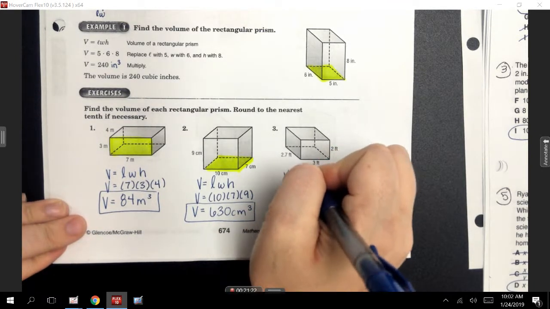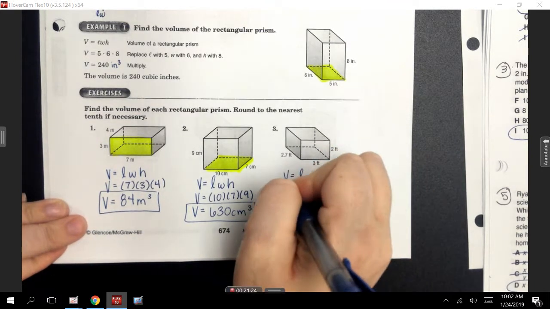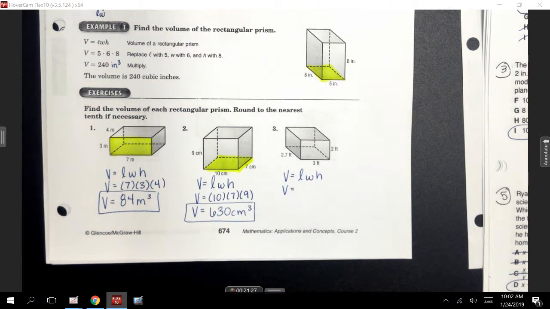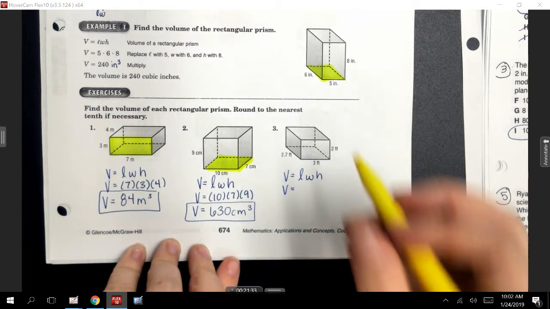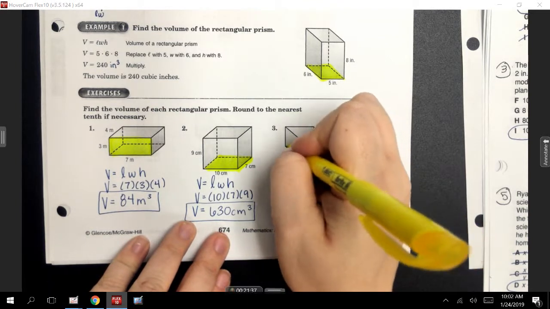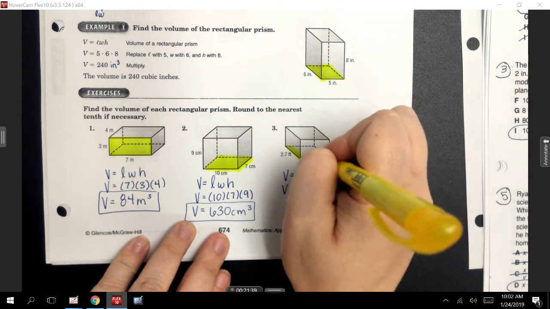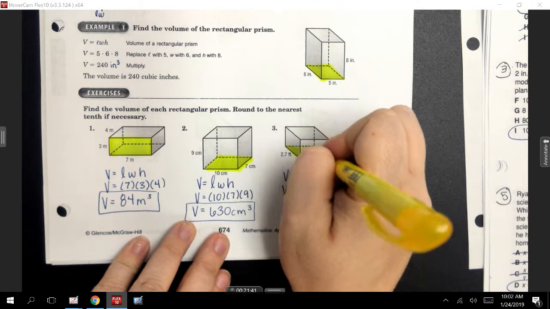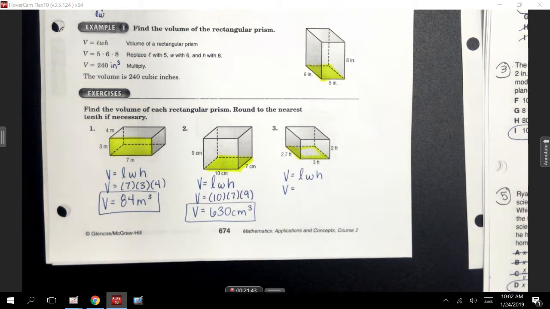Number 3, for volume equals length times width times height. What would be a good length and width for number 3? 2.7 feet and 3. Very good. So where is my base going to be on this shape? What rectangle is it going to be?